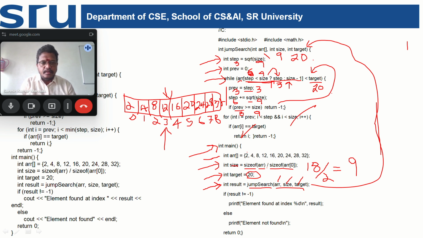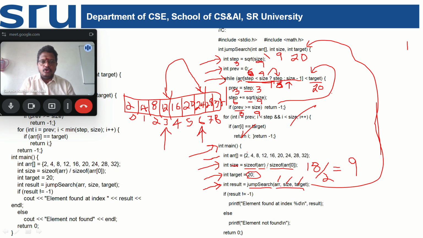Then what will be executed? In the step, what is the value we are having? 6 only. From the index, they are jumping to index number 6.